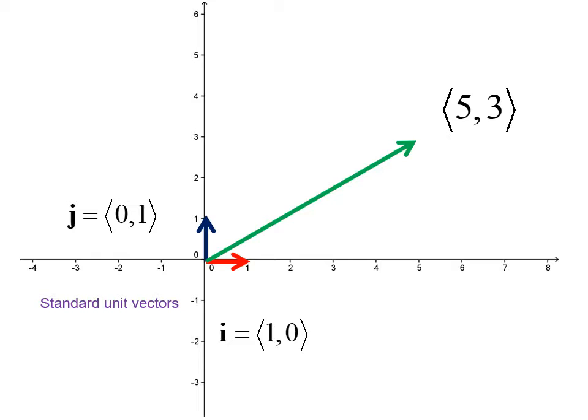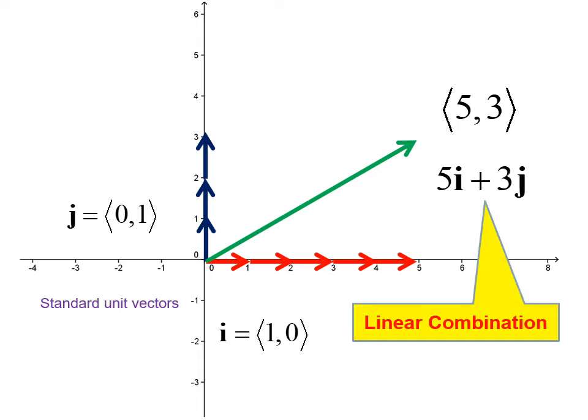Notice that for the vector ⟨5, 3⟩, we've got 5 i vectors and 3 j vectors added together. So the vector ⟨5, 3⟩ and the vector 5i plus 3j are two names for the same vector.